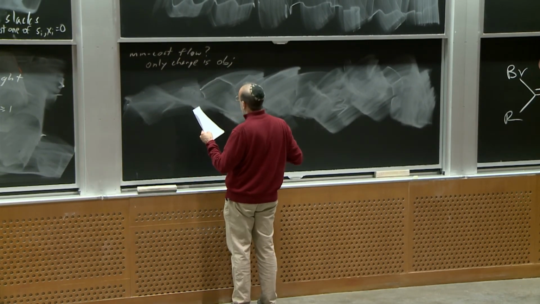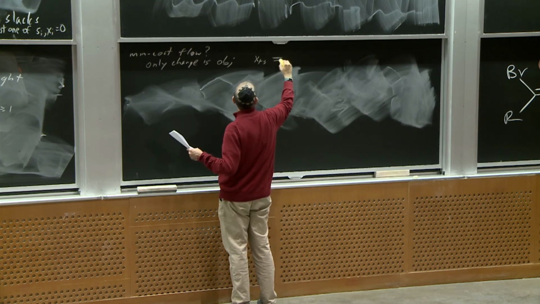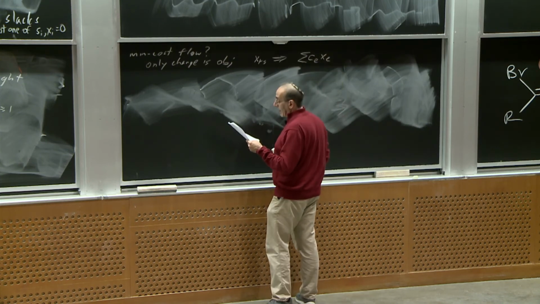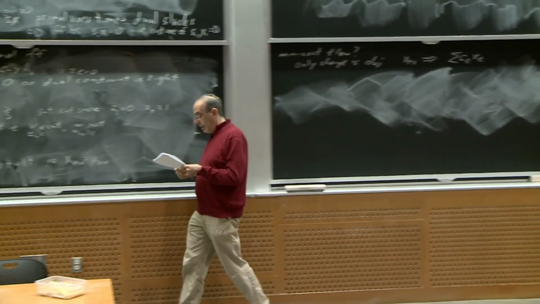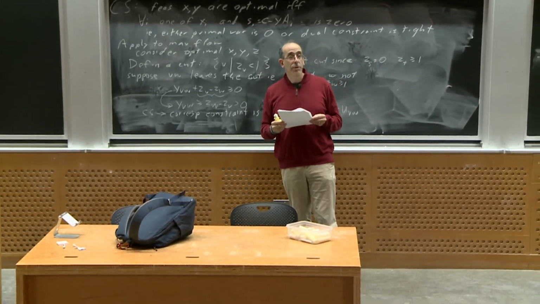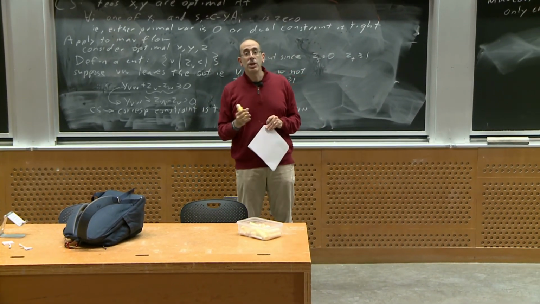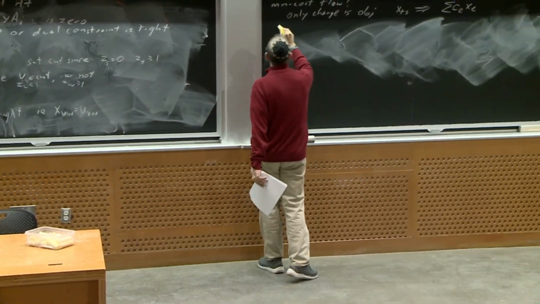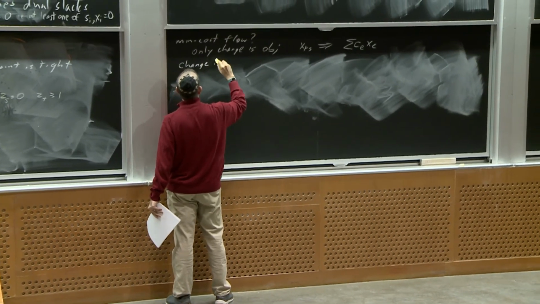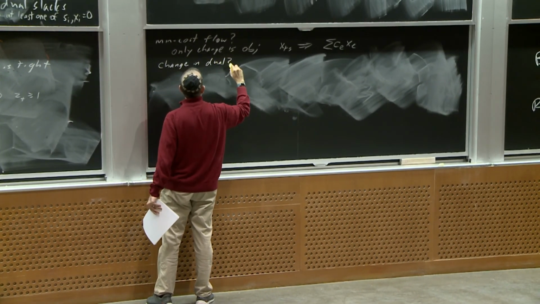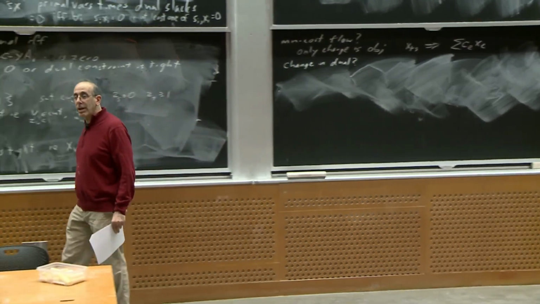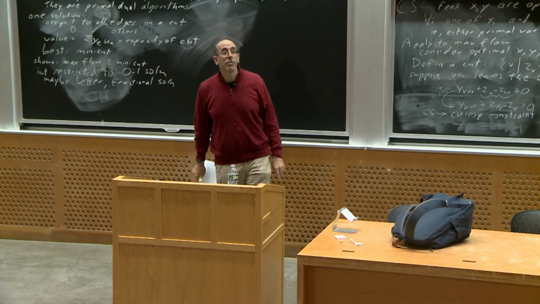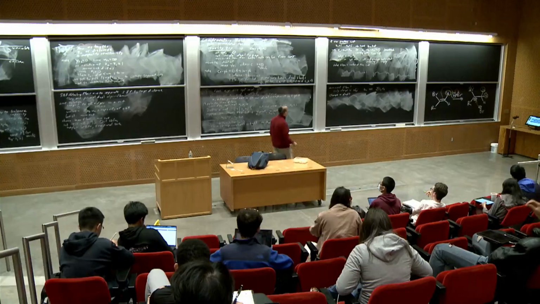Now instead of just XTS, it turns into a sum of C sub E times X sub E. Same constraints as before, no change. Now, if that's the only change in the starting linear program, what does that change in the dual? If we're changing the objective function in the primal, what are we changing in the dual? Constraints. Exactly.